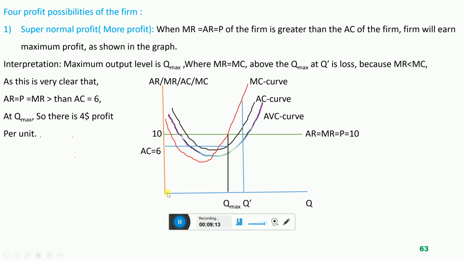Or suppose here, this is the first unit, marginal revenue is 10, this is the price, but marginal cost is more. So what should the company do? The company should increase output when marginal cost is more than marginal revenue in the very beginning.